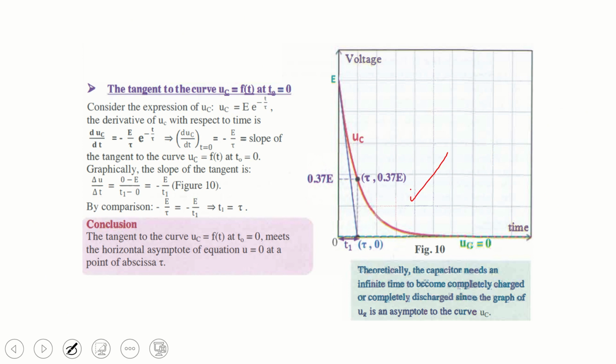So here we have in figure 10 a clear graphical representation of the voltage UC as a function of time, and as Q is proportional to UC, it will have the same form, starting from Q max till 0.